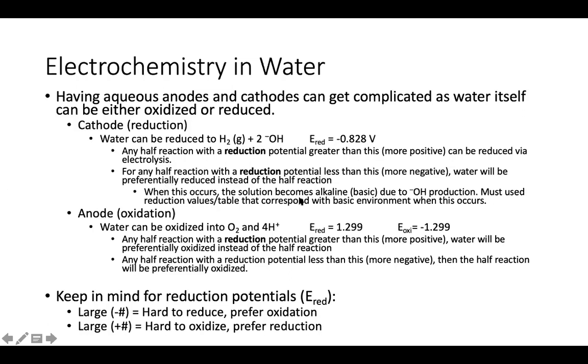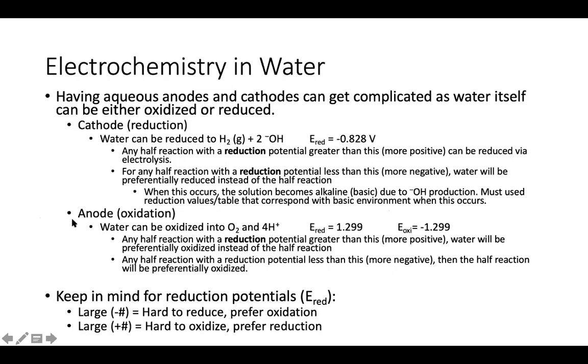When this occurs, you produce hydroxide, making your conditions alkaline or basic. You then need to use a slightly different chart based on a basic environment. Dr. P mentioned that.